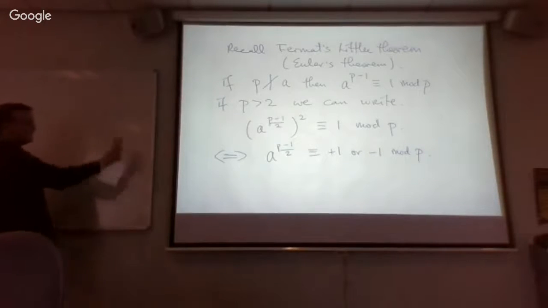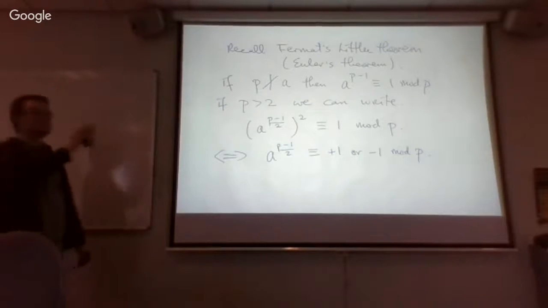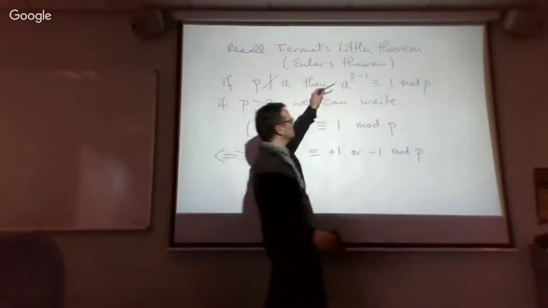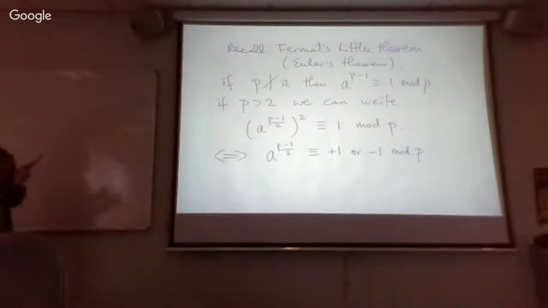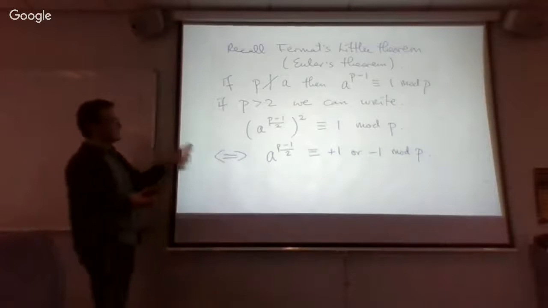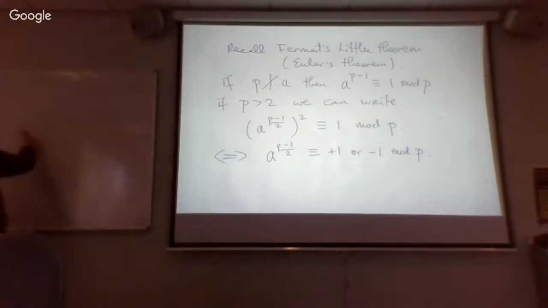Is that okay? Any questions about that? Simply observing Fermat's little theorem tells us a to the power of p minus 1 is congruent to 1, so you take the square root of both sides. So a to the p minus 1 over 2 must be plus 1 or minus 1 modulo p.